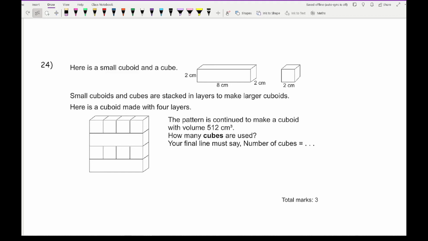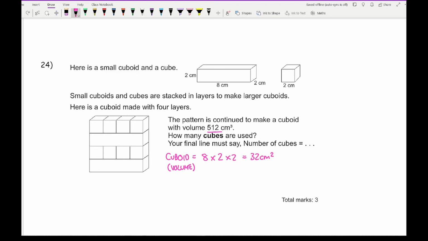So for this one, let's first of all work out the small cuboid in terms of the volume. So from this, we're going to do 8 times 2 times 2, which gives us an answer of 32 centimeters squared. Now what we then need to do is work out how many layers there are going to be in 512.